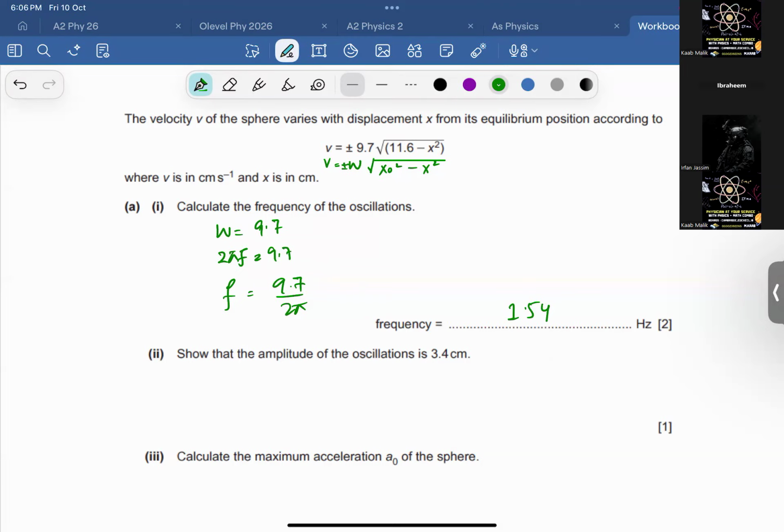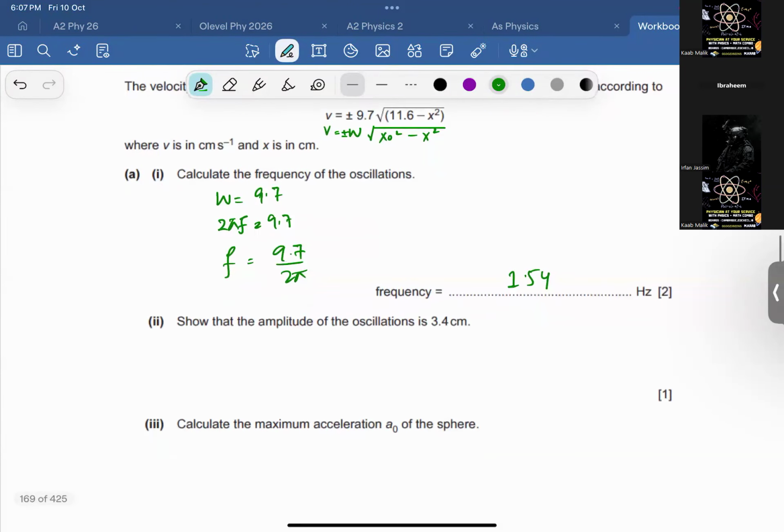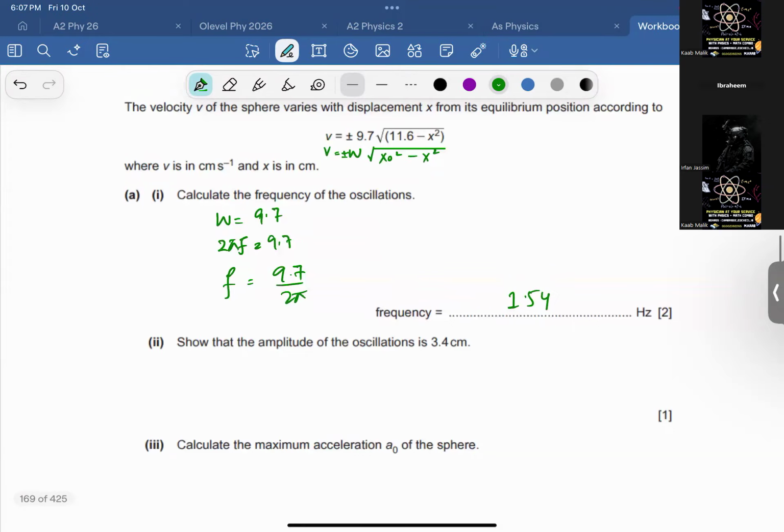What about showing that the amplitude of the oscillation is 3.4?